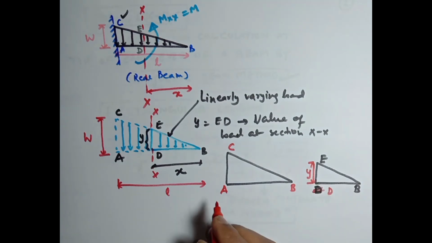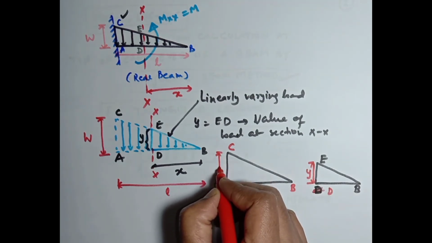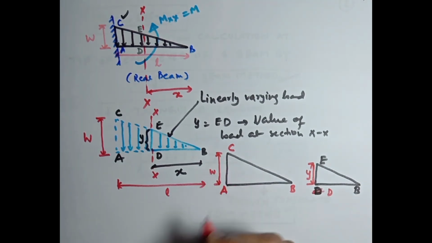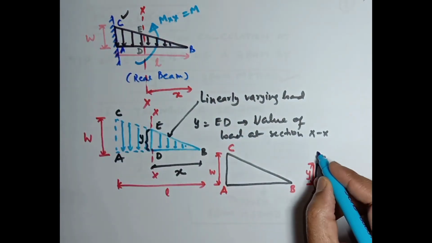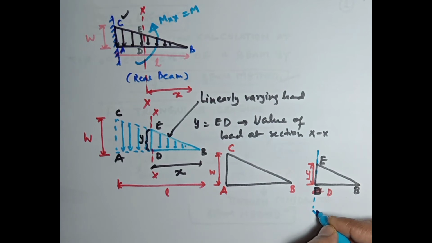This is the value of y, and this is the value which is given as W, and this is the section XX where we are going to find the value of y.